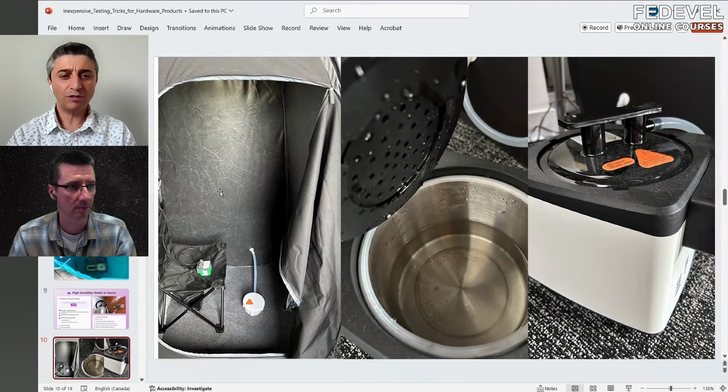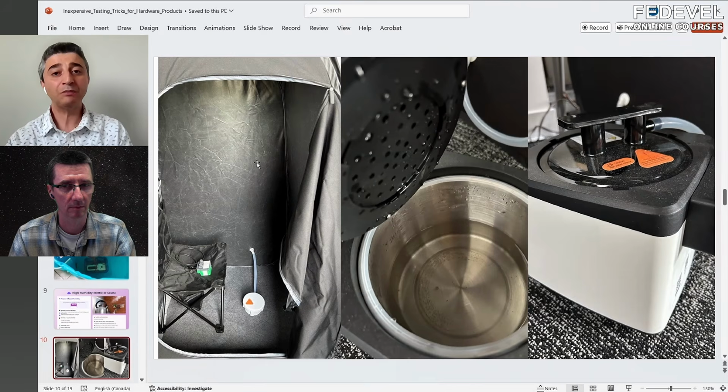I was able to get, I think, more than 95% relative humidity inside this chamber. It's almost like fog inside. I found it very useful if you're designing a product meant to be used right next to the sea, in an environment with extreme humidity. This is an easy hack you can do.